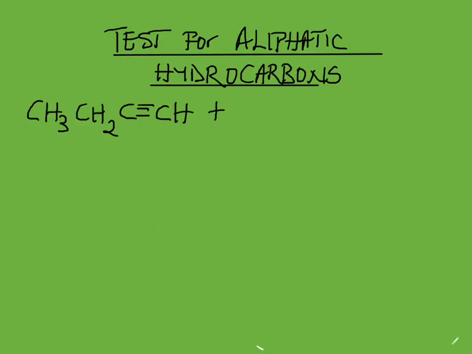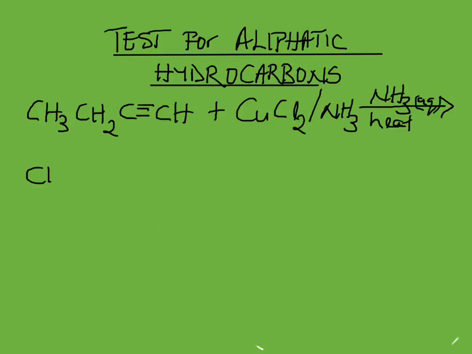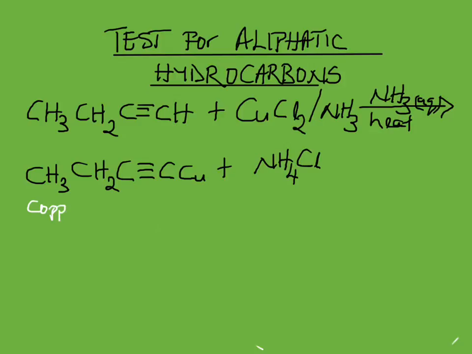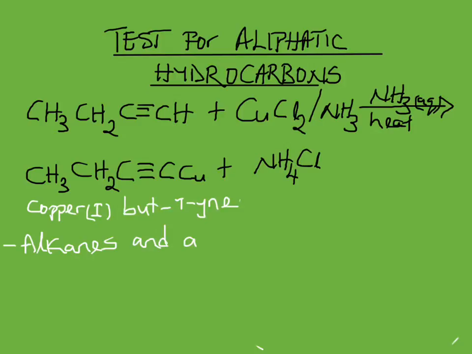You can see there you have your example. Propyne reacts with ammoniacal copper 1 chloride. It's going to yield us copper 1 butyne with 1 ion, that is a carbide.